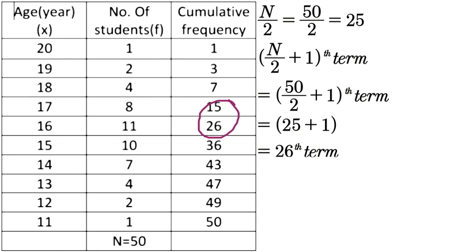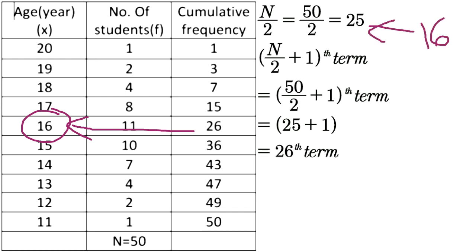Therefore, we consider 26 in the cumulative frequency table. The corresponding distribution value of 26 equals 16. Therefore, for n by 2, we take the value 16.